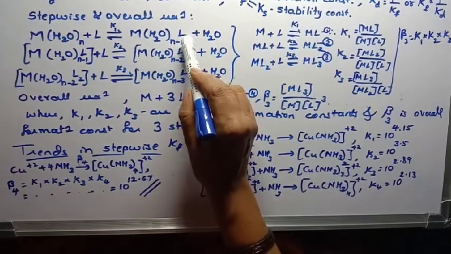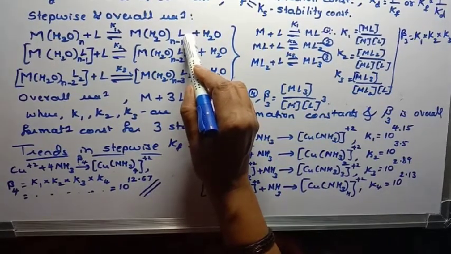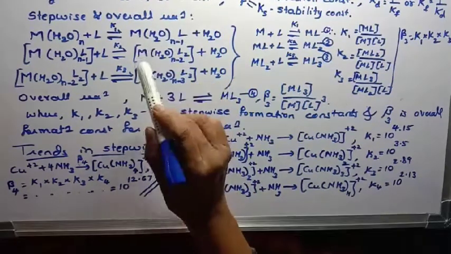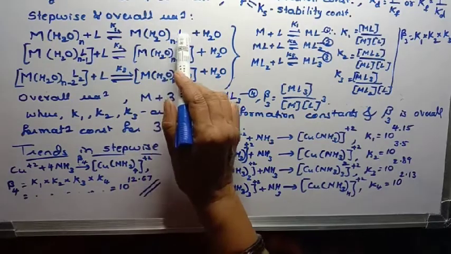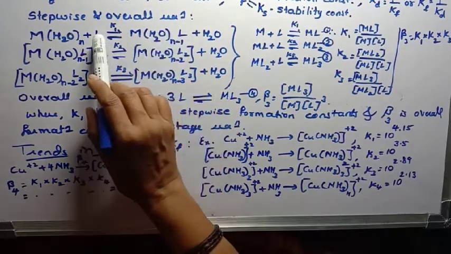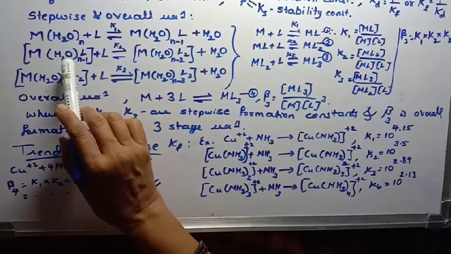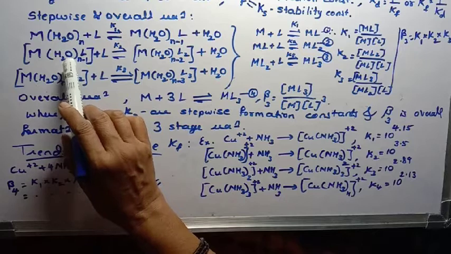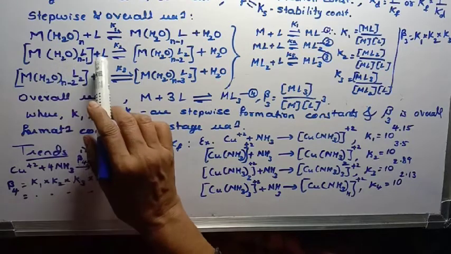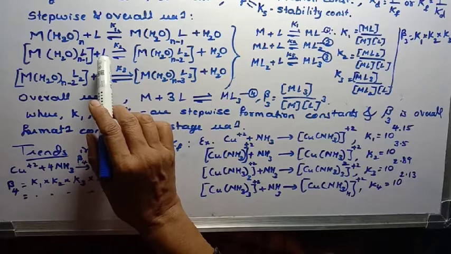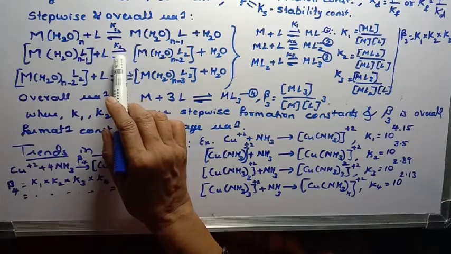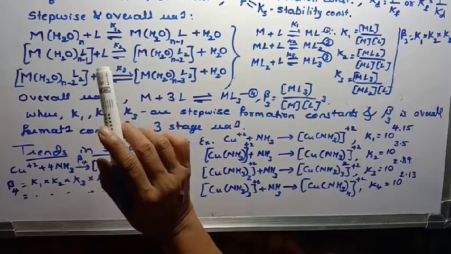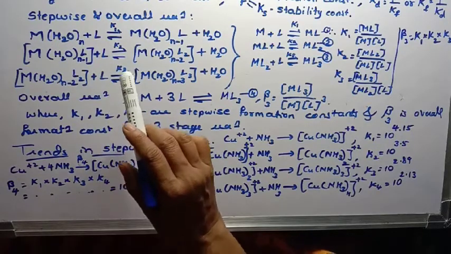If the ligand is a bulkier group, and when it reacts with the metal ion, say L is bulkier than the H2O molecule, there will be a steric hindrance due to the entrance of a group bulkier than H2O, and thereby there is a decrease in the formation constant value. This is the second factor, said to be the steric factor.